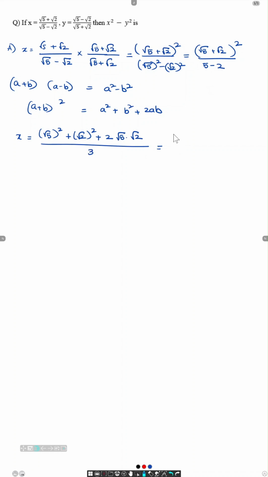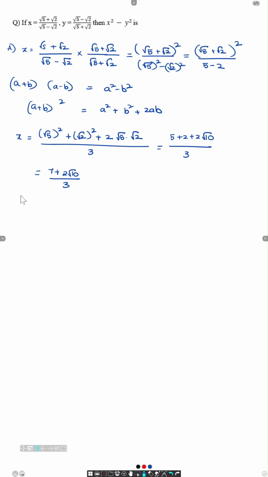This gives us (5 plus 2 plus 2 root 10) by 3, which is nothing but (7 plus 2 root 10) by 3.